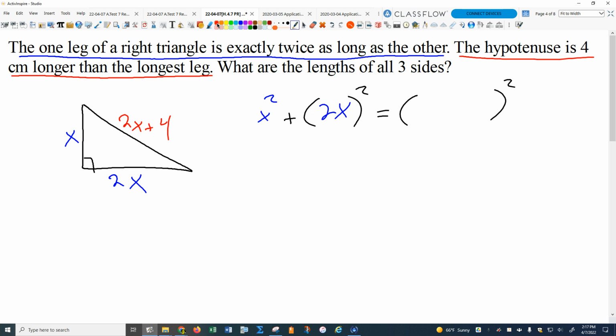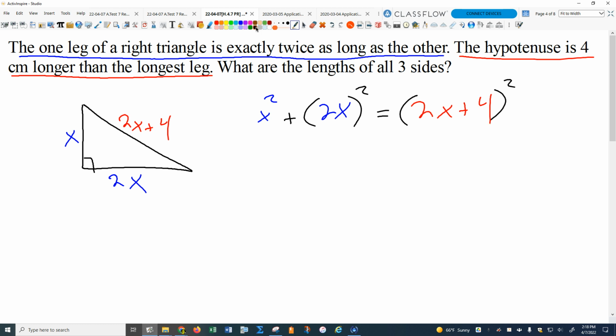Equals what? See, I think I heard it. What else? What's going to be squared here? 2x plus 4, yeah, right? Leg squared plus leg squared equals hypotenuse squared. Okay, so all I've got to do then is just simplify that and try to solve for x.